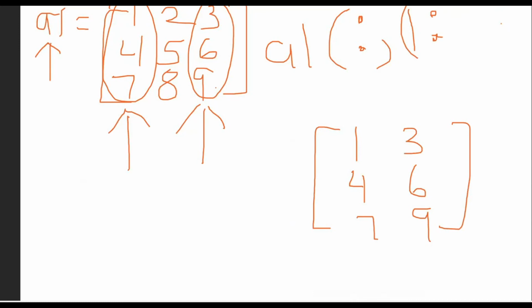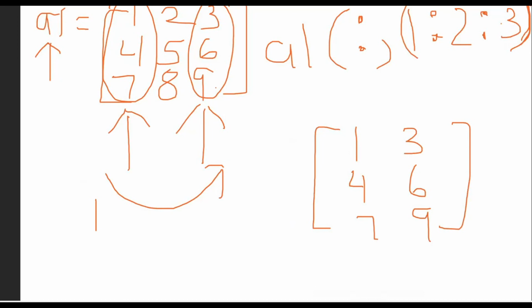We want to skip by 2, right? So from here to here, because we're starting at 1. So my second parameter would be 2 here, and then we end at 3. And you'll have another parenthesis here.